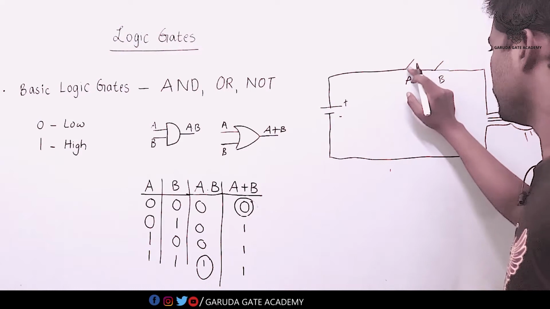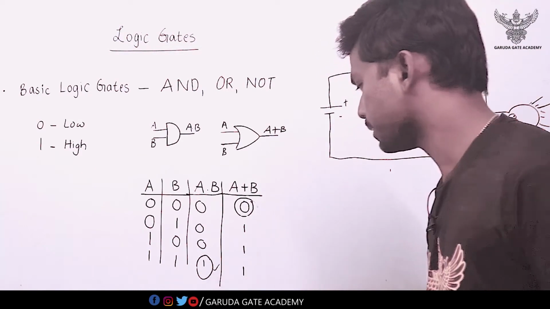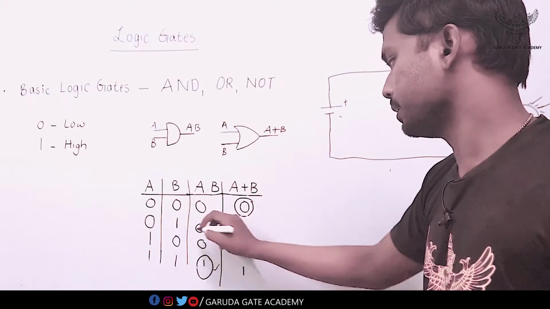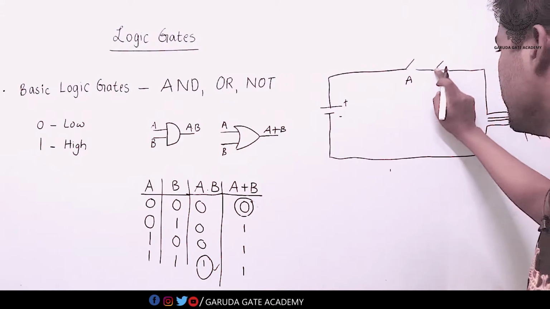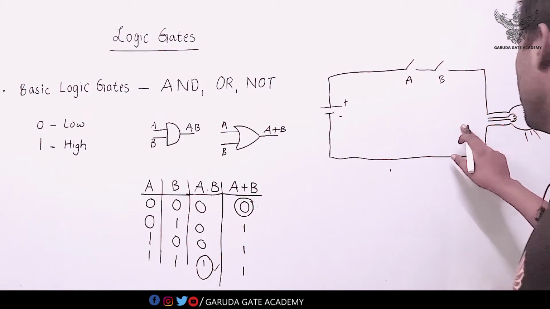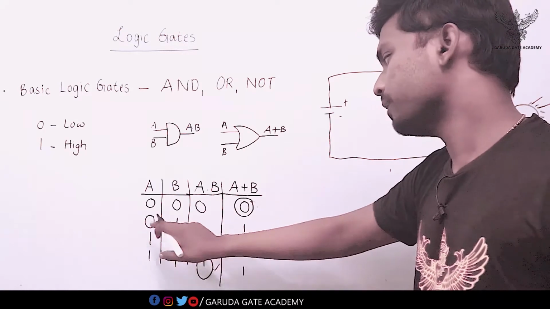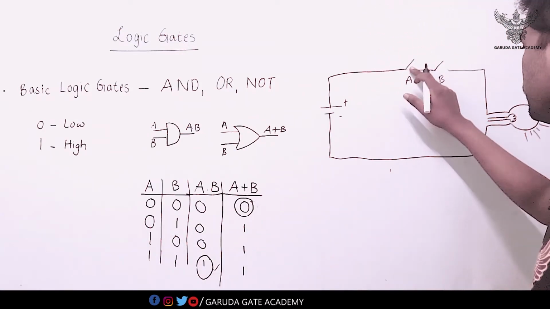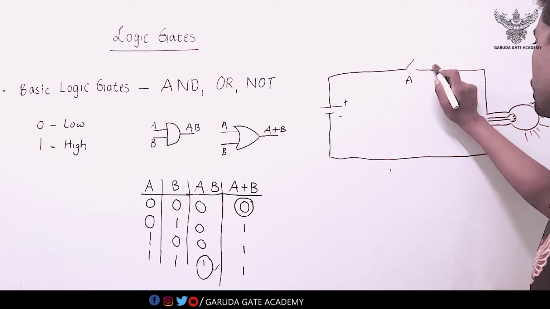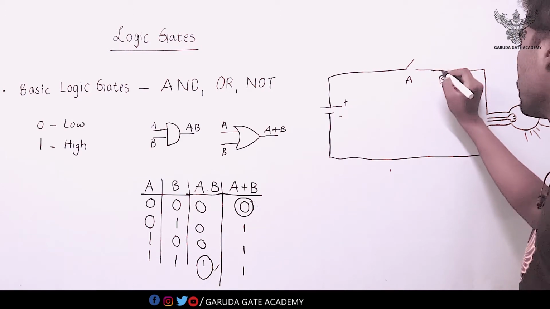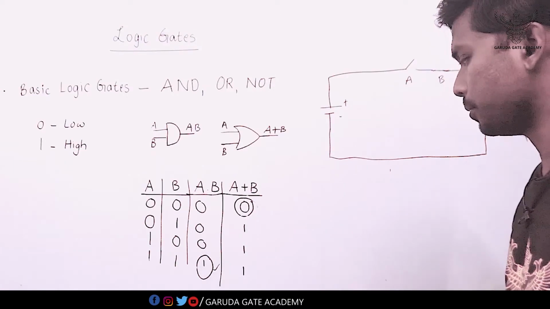So if A is off, we have seen this case, the first case. Let us start with this case: A is 0 and B is 0. That means A is off and B is off. Then the current will not flow, so the output will be 0. When A is off and B is on, then the current cannot flow through this wire, so the output will be 0.